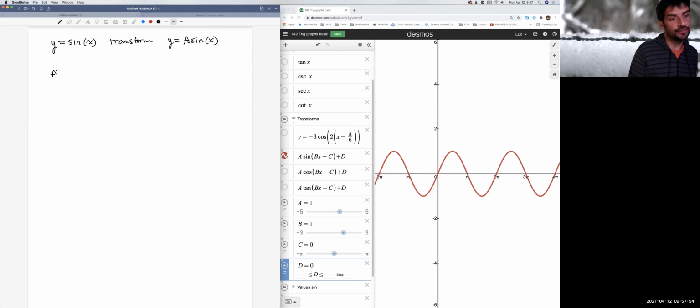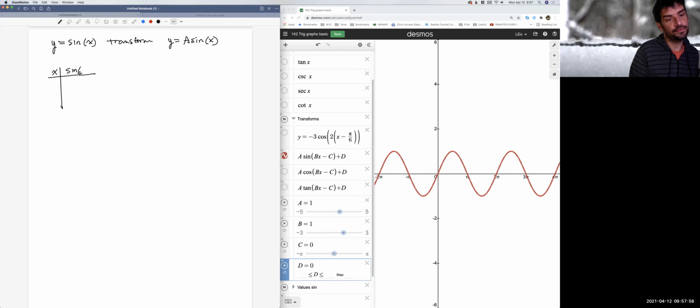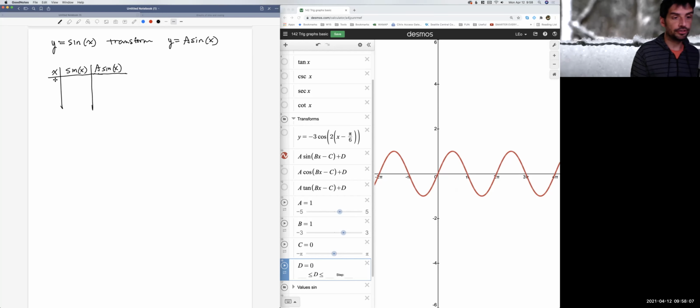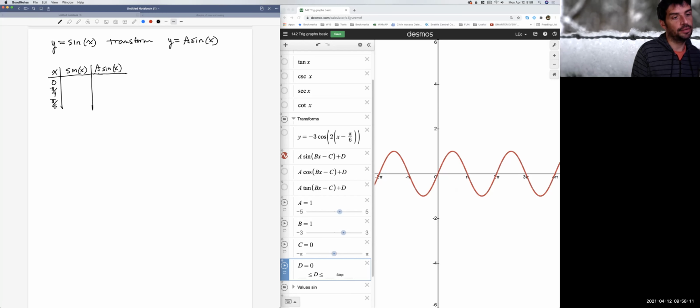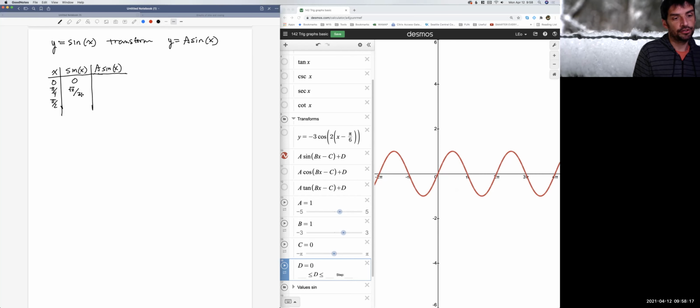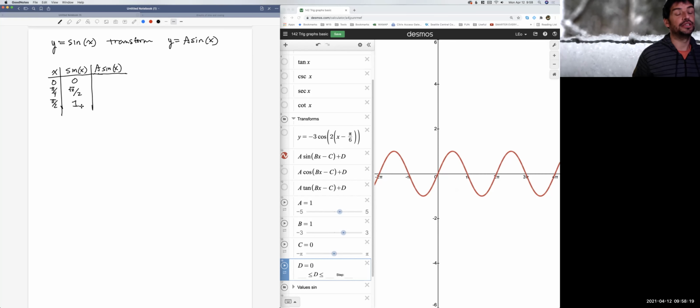If we, for instance, let's just put in some values. Just do a couple. Let's do 0, pi over 4, and pi over 2. Right? So sine of 0 is 0, sine of pi over 4 is root 2 over 2, and sine of pi over 2 is 1.